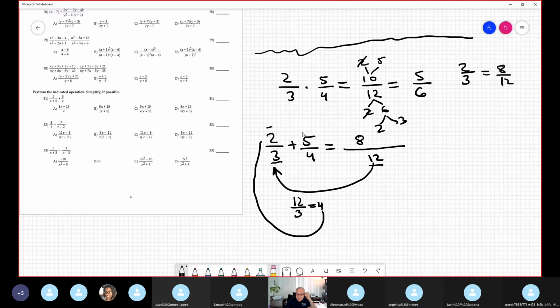But now it's easier to express it using the common denominator. Likewise, 12 divided by 4 is 3, and 3 multiplied by 5 is 15. And you add, it's 23 over 12. In this case, unfortunately, we cannot simplify, leave it like that, and that's it.